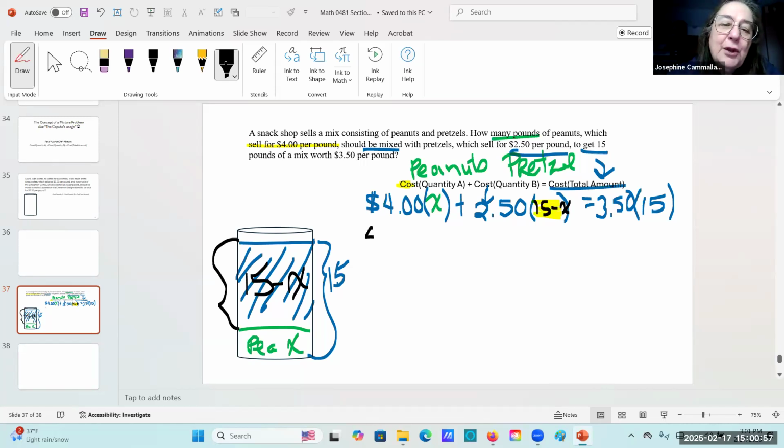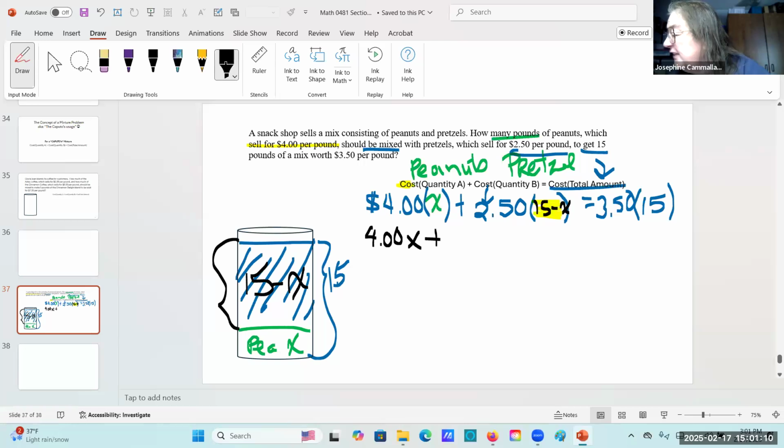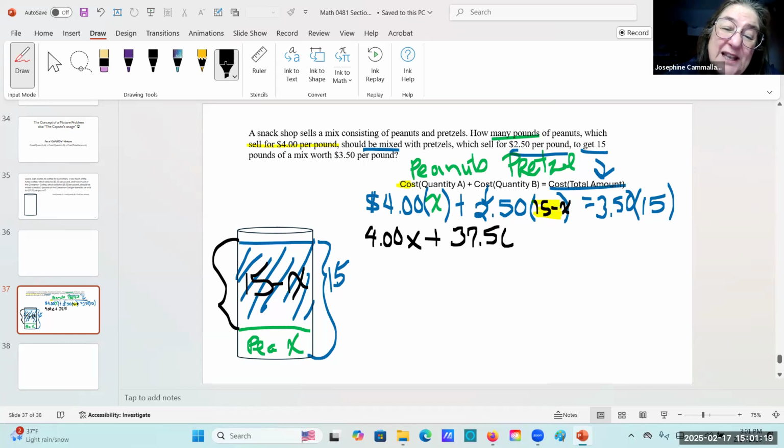This is going to give me $4X plus. Now, I have $2.50 times 15, which is going to give me, now remember, money is two decimal places, so it's $37.50 minus $2.50X.